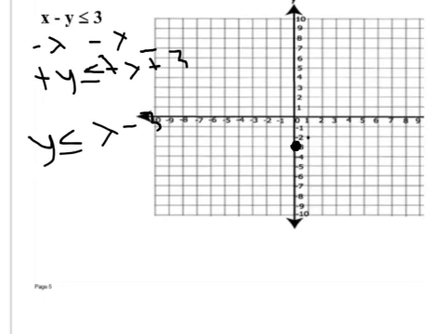Up 1 over 1, up 1 over 1 every time. Bree, is this a dashed line or a solid line? Solid, because it's y is less than or equal to x. The equal to sign makes it a solid line.